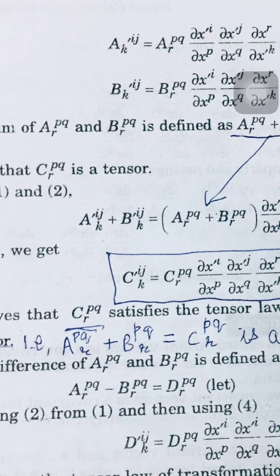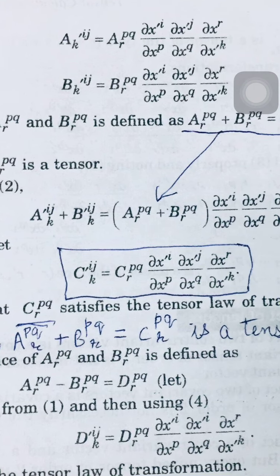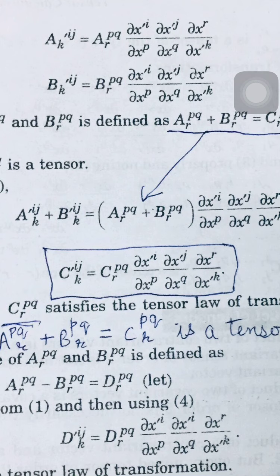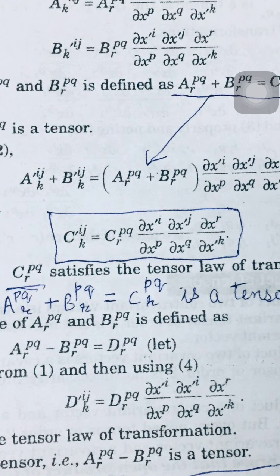Okay, what we need is the sum of these two tensors. So what we are doing is adding equation 1 and 2, or adding these two formulas. By adding these two formulas, we see that the three components in both the equations are similar, so we take these three common components out. So we get the addition of two dash system tensors with the addition of two without dash system tensors, with the three components having an equivalent form.